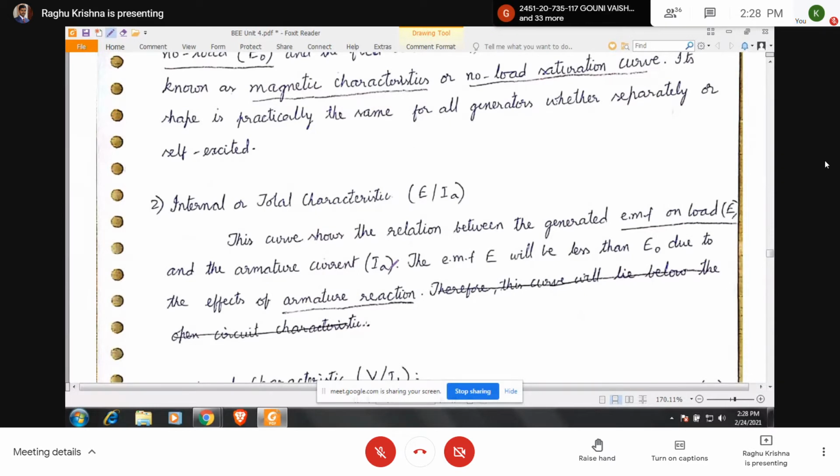So we are going to have a reduced voltage due to this armature reaction. Armature reaction means the effect of armature flux on the main flux.